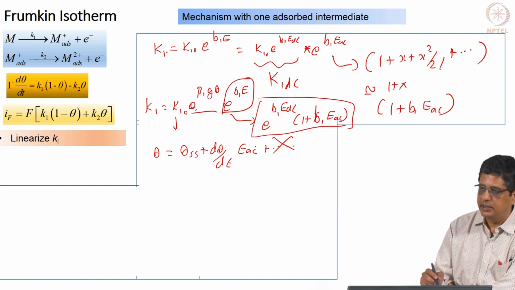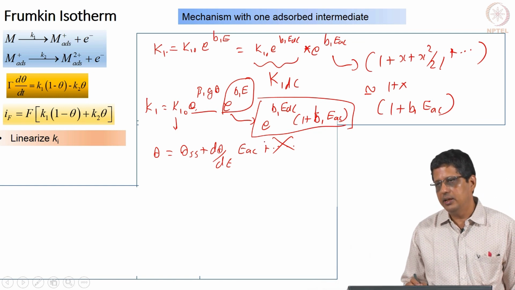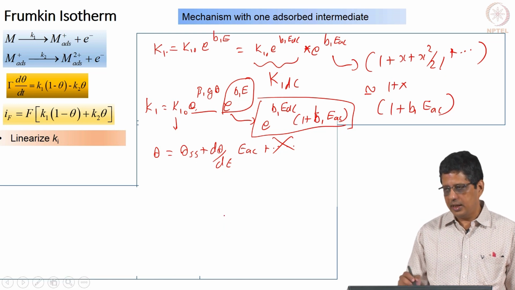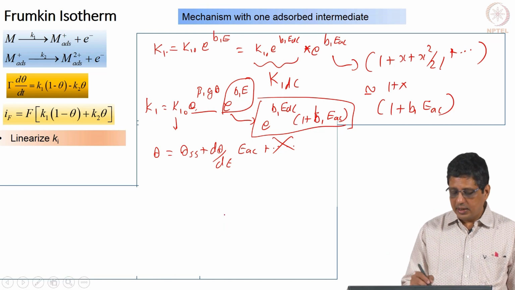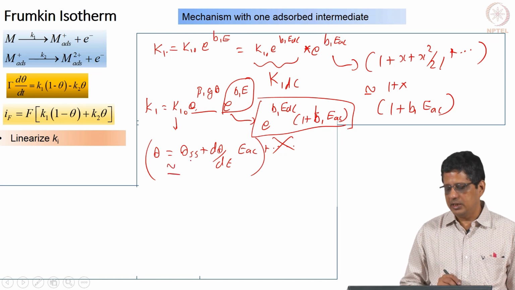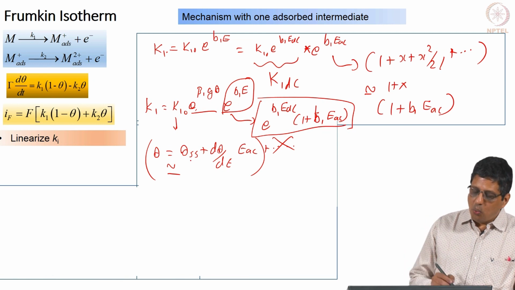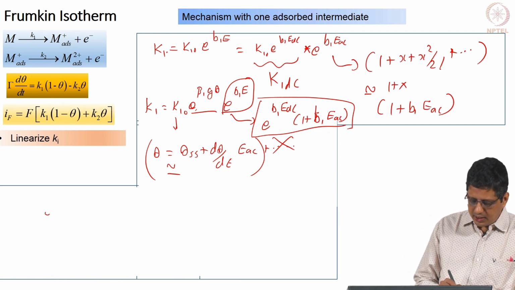We are going to write it as d theta by dE times EAC, plus 1 by 2 factorial d square theta by dE square times EAC square, and then we are going to neglect those terms. Therefore, this is roughly equal to theta SS plus d theta by dE times EAC. EAC is a small number. What happens to e power beta 1 g theta?